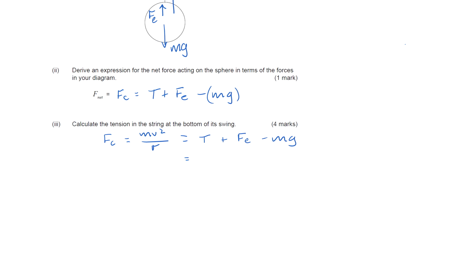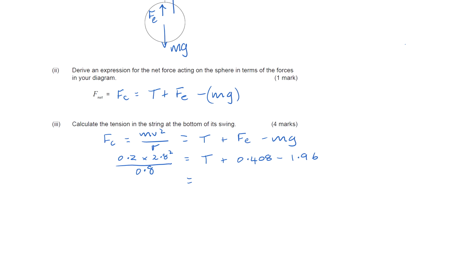So the mass of the ball was 0.2. The velocity is 2.8 squared. The length of the string we drew on our diagram was 0.8. So that's mv squared on r. We're looking for the tension. The electric force we found from before was 0.408. And we know that the weight force is 1.96.